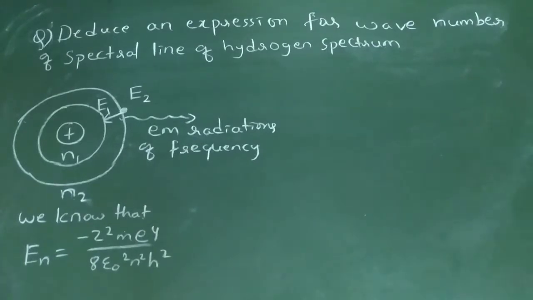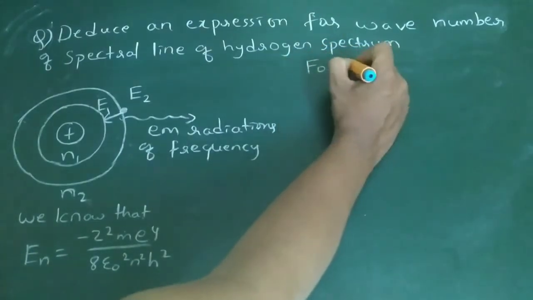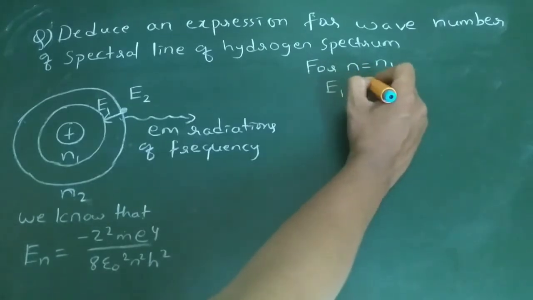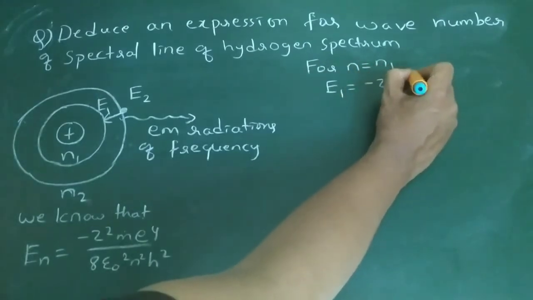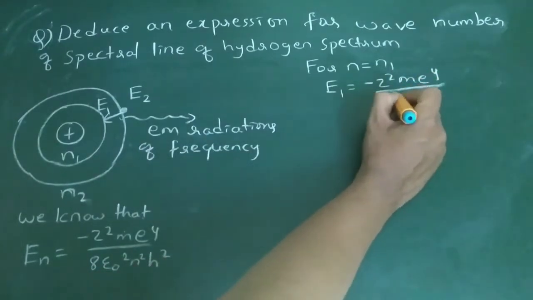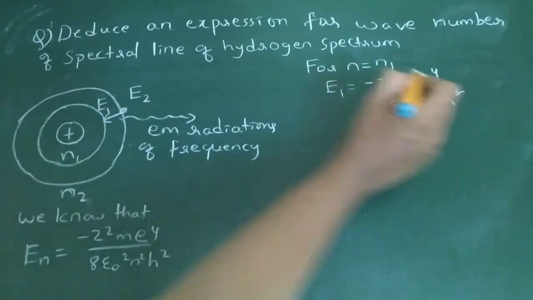You must know this. From this, I can write for n equal to n1, E1 will become minus Z square m e to the power of 4 whole divided by 8 epsilon naught square n1 square h square.